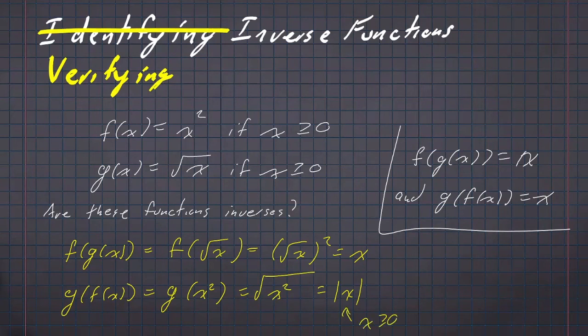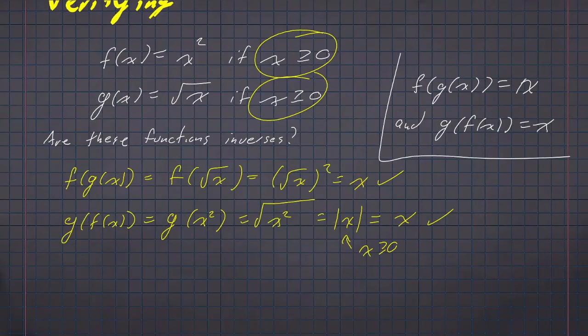But we know that x is greater than or equal to 0, so the absolute value of x is just x. f of g of x is equal to x, g of f of x is equal to x. So I can conclude that f and g are inverse functions.